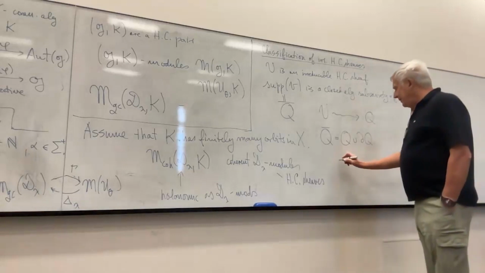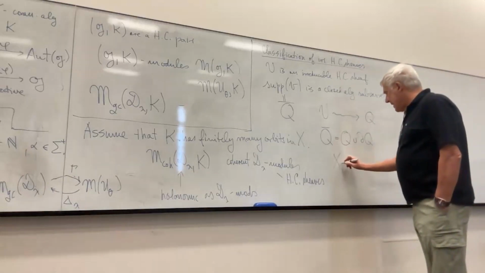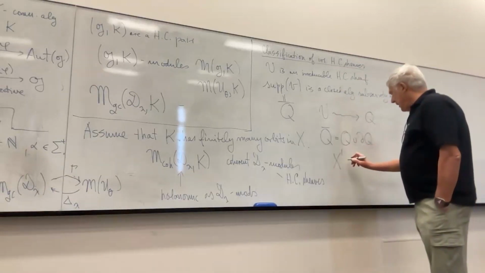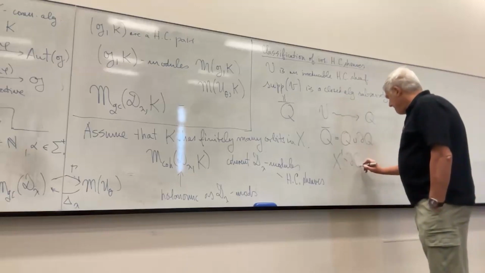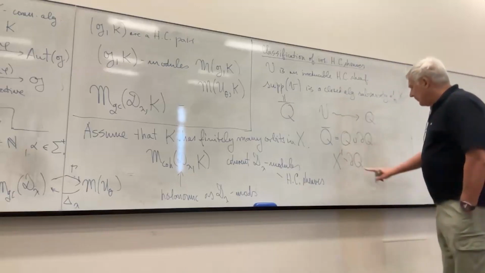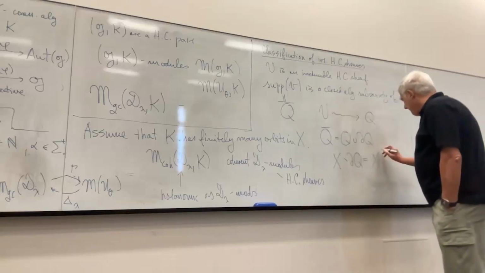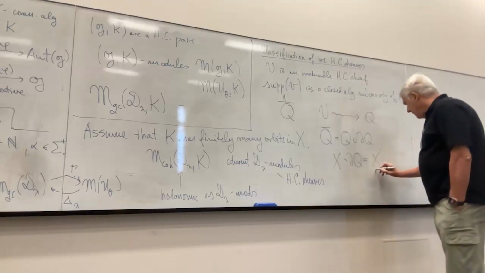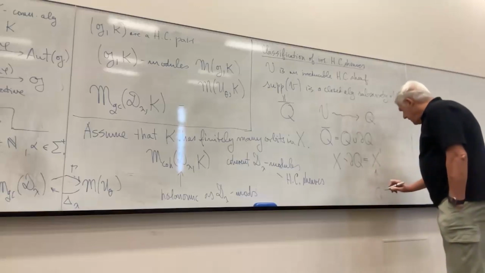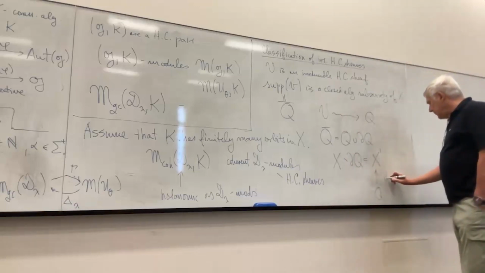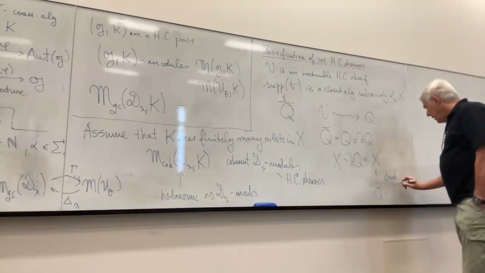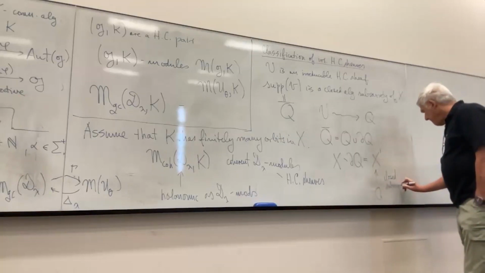So let's take the flag variety and throw this out. I call this X prime. Then Q is a closed subvariety and smooth.